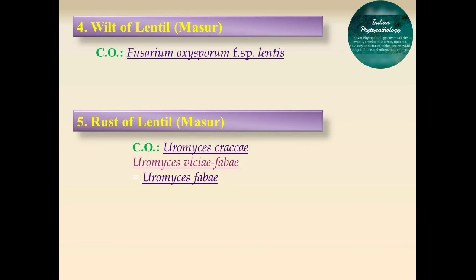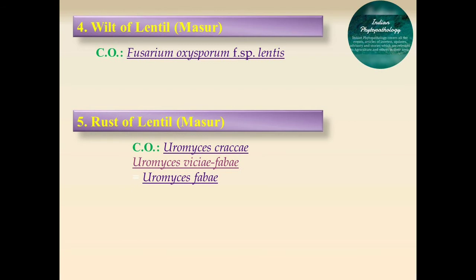Symptoms of wilt of lentil are equal to symptoms in gram, as we have seen in this lecture, that is development of chlamydospores inside the soil, all seedlings die prematurely and big patches are found, discoloration of vascular bundle. All the symptoms are common and you can refer to the first slide of this video. And management practices are also the same as we have seen in wilt of chickpea.